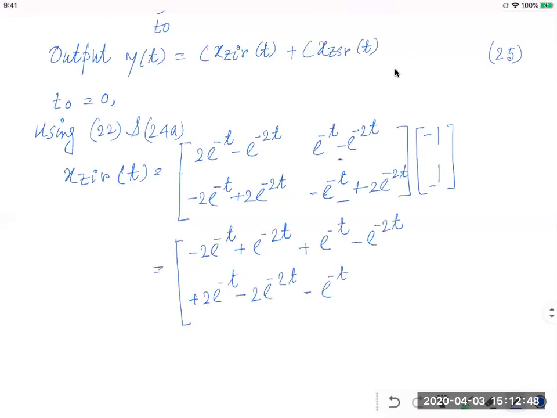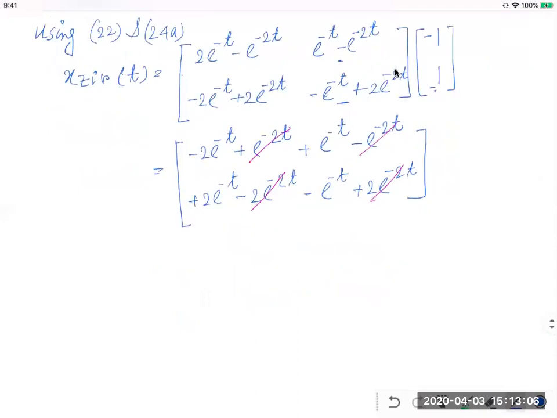That means this portion multiplied by this one plus e to the power minus 2t. So with this cancellation, we will get minus e to the power minus t.